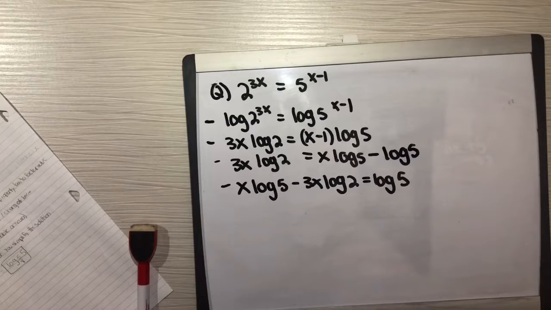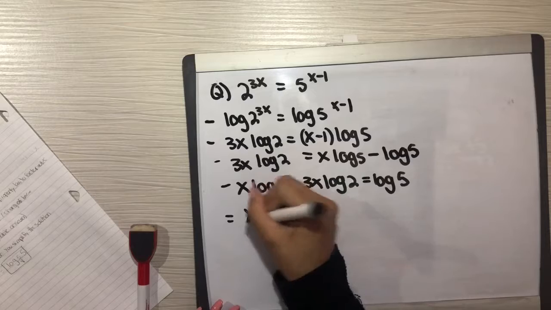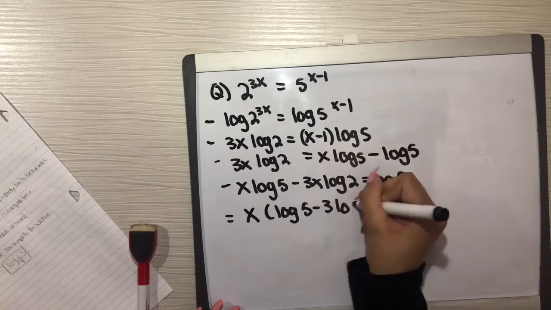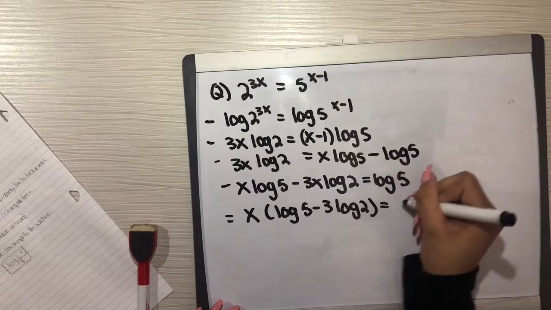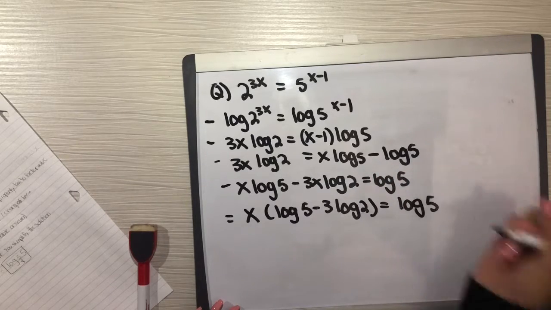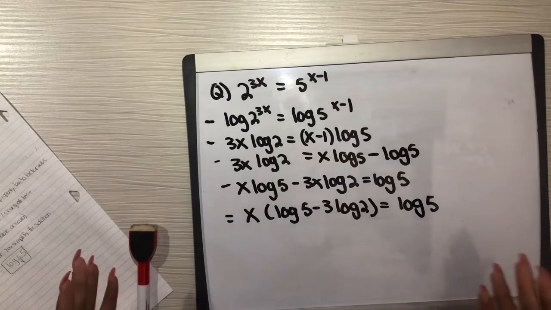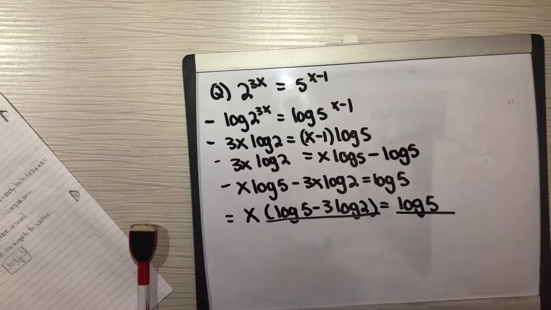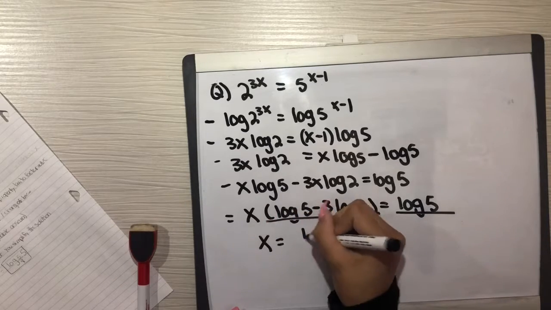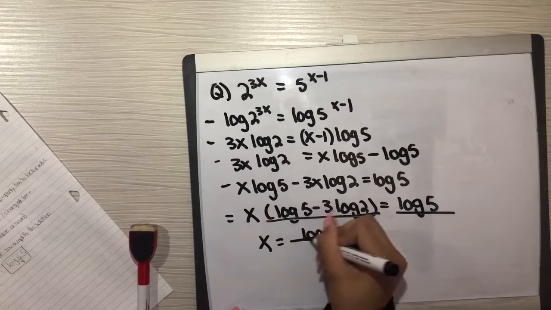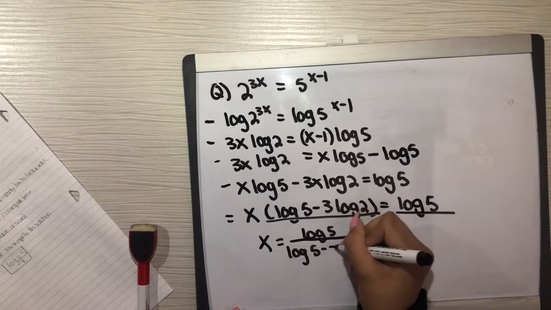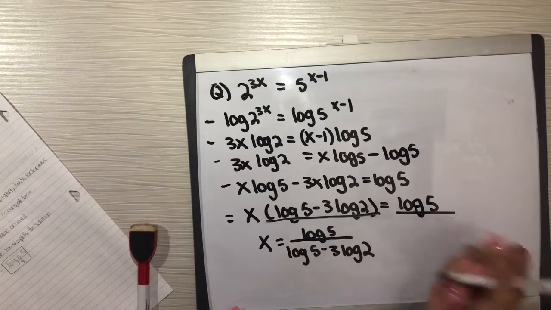Then use the distributive property to factor out x, equal to log 5. And now all you do is solve, so you divide, and you get x equals log 5 all over log 5 minus 3 log 2.